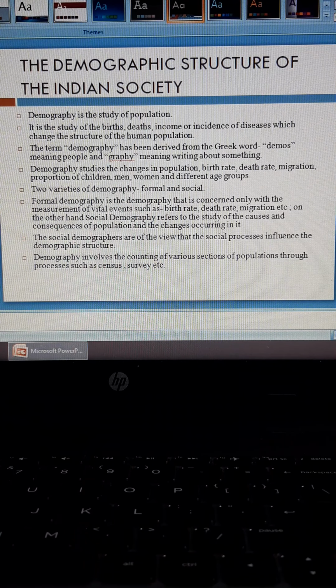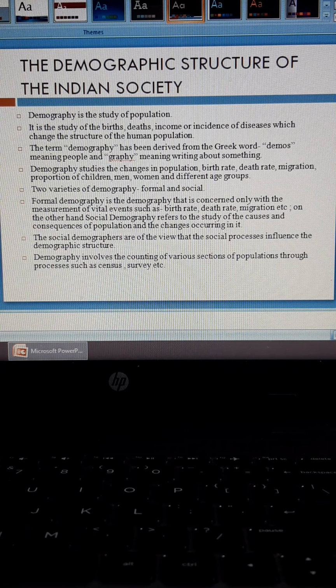Point number 4, demography studies the changes in population, birth rate, death rate, migration, and the proportion of children, men, women, and different age groups. As mentioned earlier, in demography you study the events which bring about changes in the population.